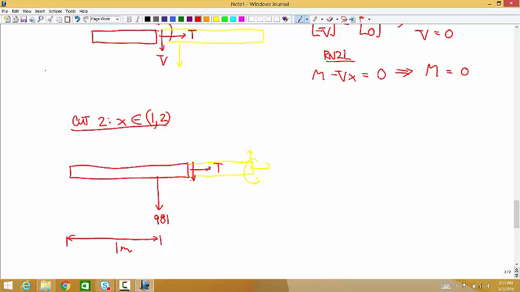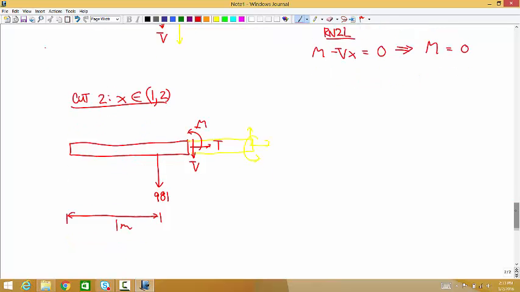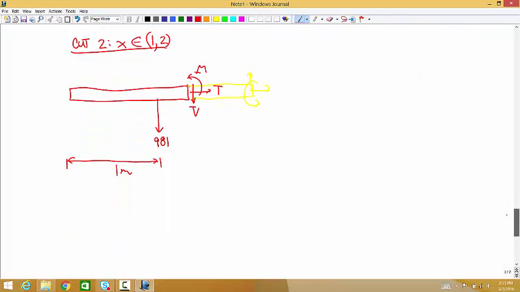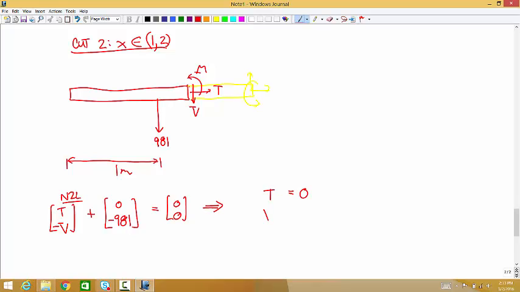And you have the internal loads. Newton's second law says T minus V plus 0, negative 981 is equal to 0. So T is equal to 0. V is equal to positive 981.